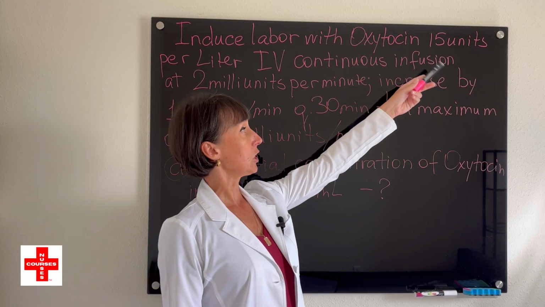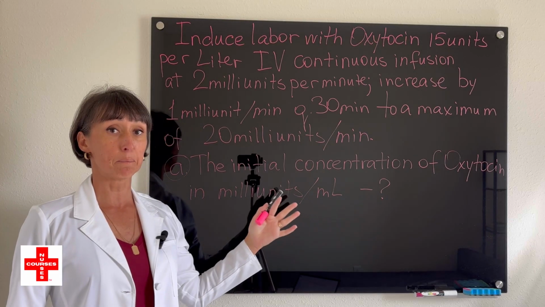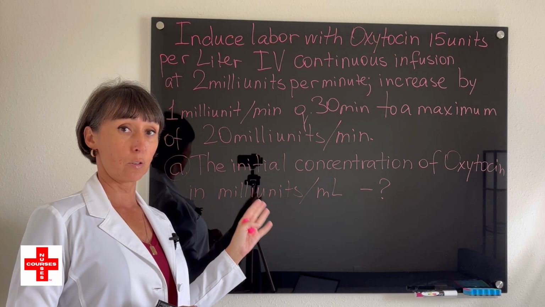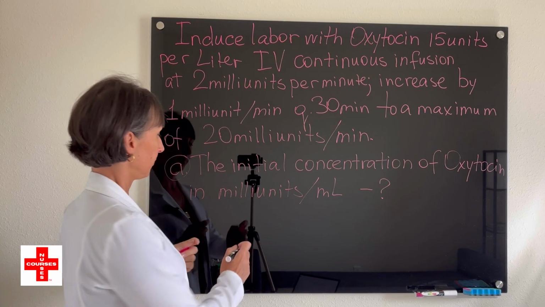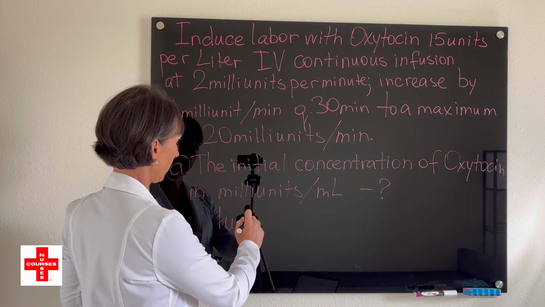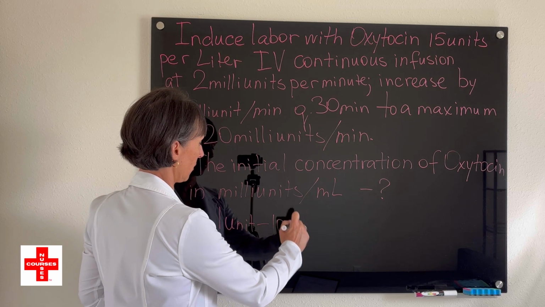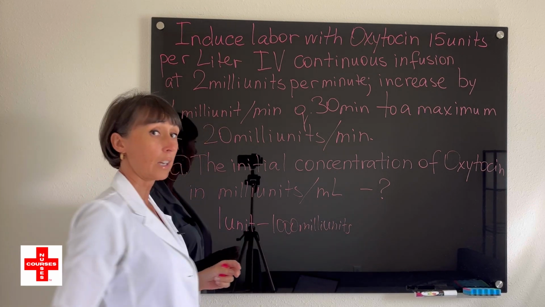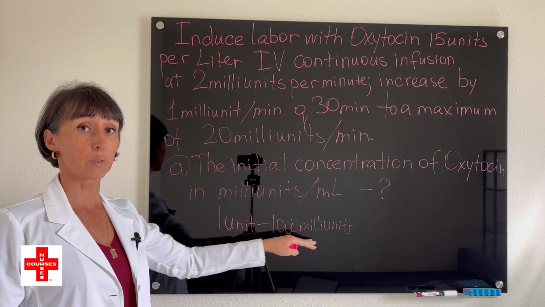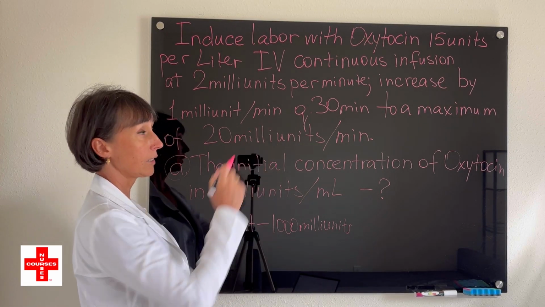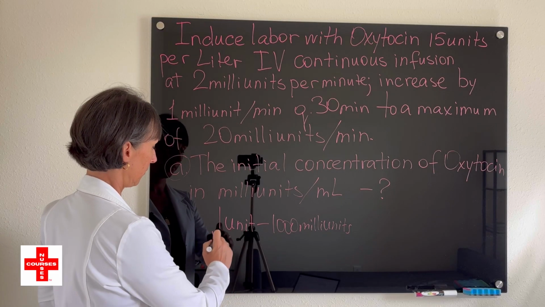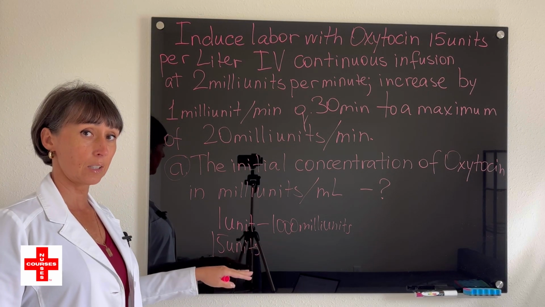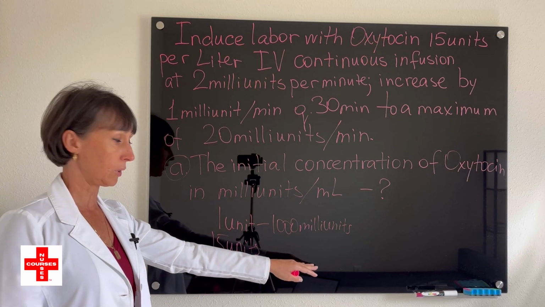So if we have 15 units, to figure out how many milliunits it is using the DKP method, I'm going to write first, what do I know about units and milliunits? I know that 1 unit is 1,000 milliunits. I need to find 15 units. I carefully put my units under units, milliunits under milliunits.